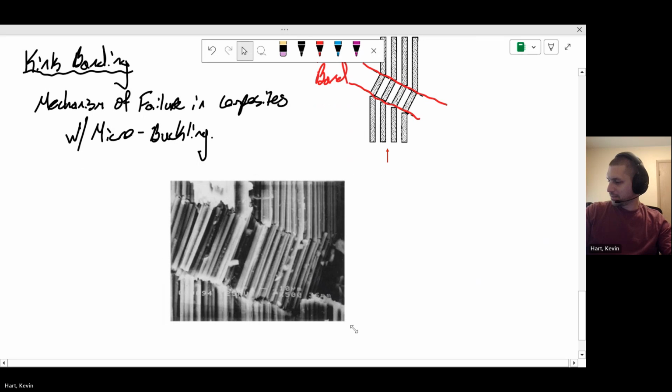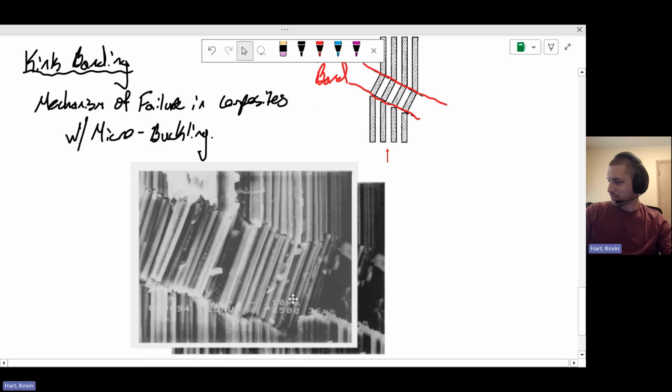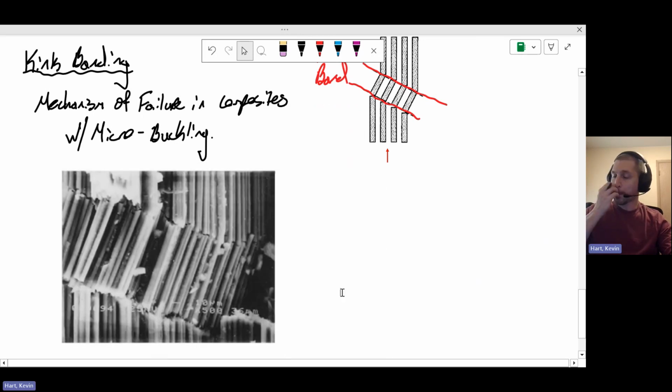So this is the cross section of a composite that has actually failed with this concept where it was loaded in longitudinal compression. The fibers buckled in phase, and then eventually with increased loading, the composite just gave way and these fibers fractured. And so this thing is being loaded in this direction, right?